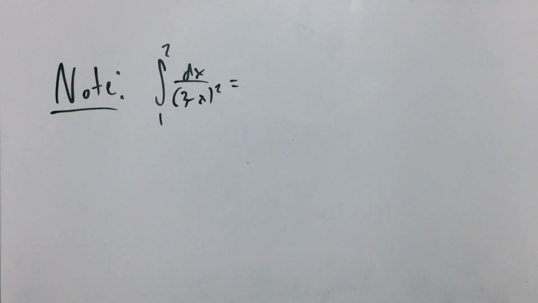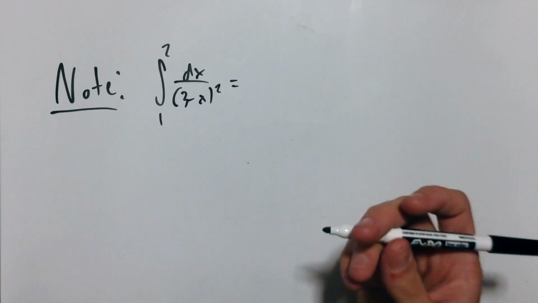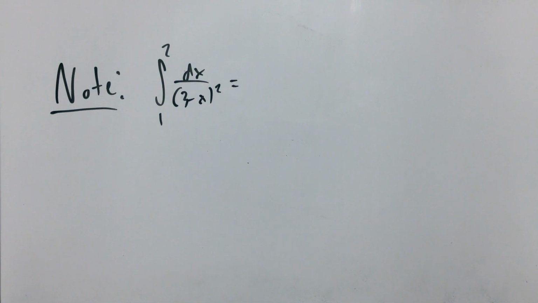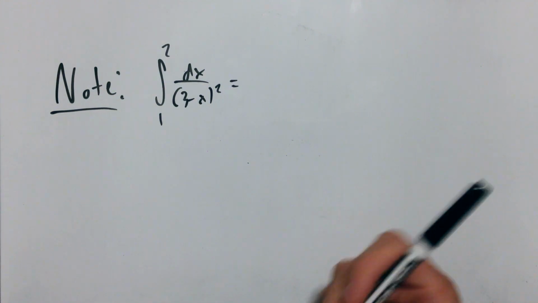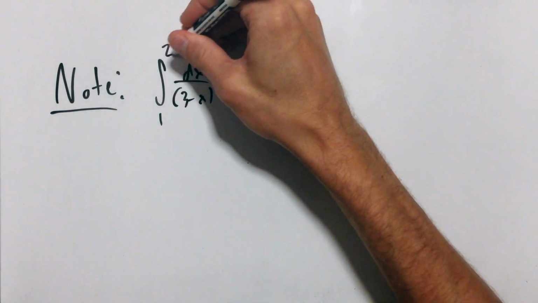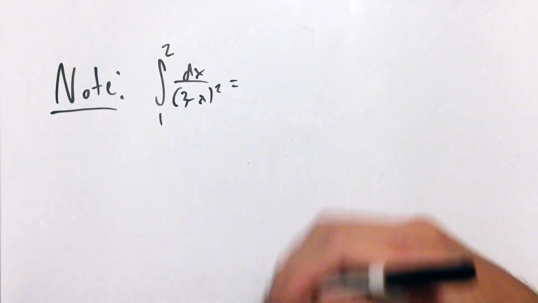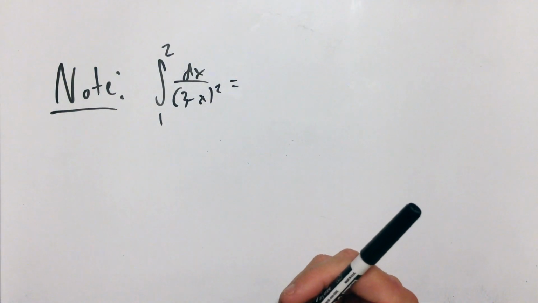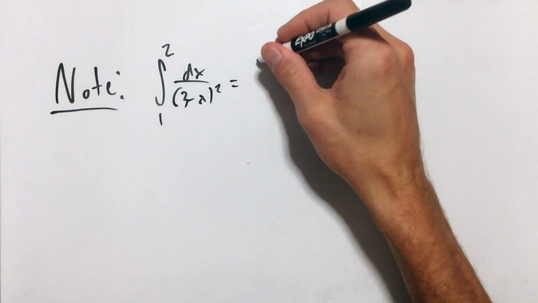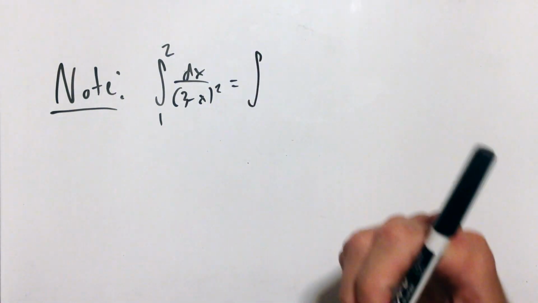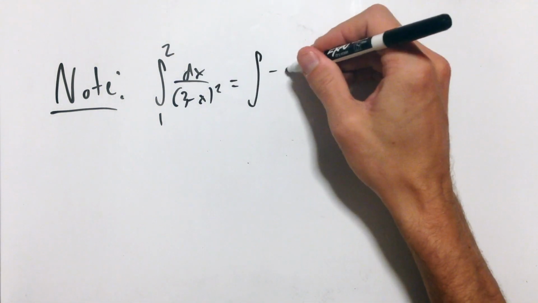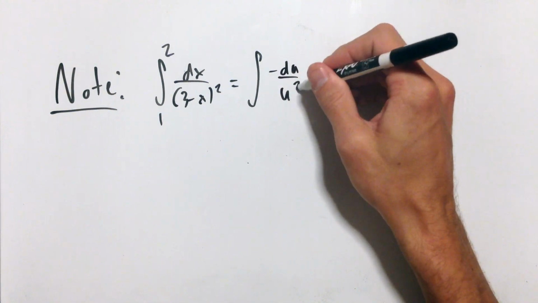I'd like to make a quick note, which is some of my students really resist or can't seem to remember this idea of replacing the limits of integration when you do the substitution. So here is another thing that you can do. We've done our substitution. We get negative du over u squared.